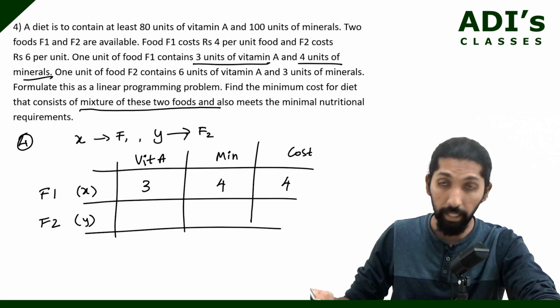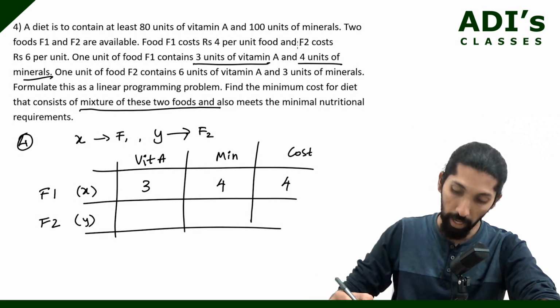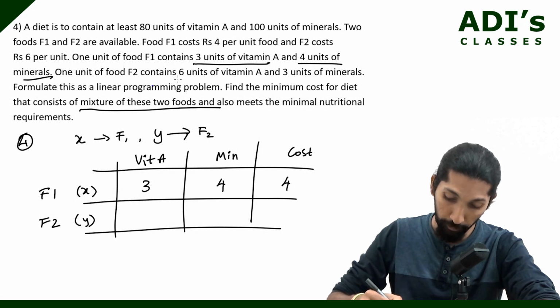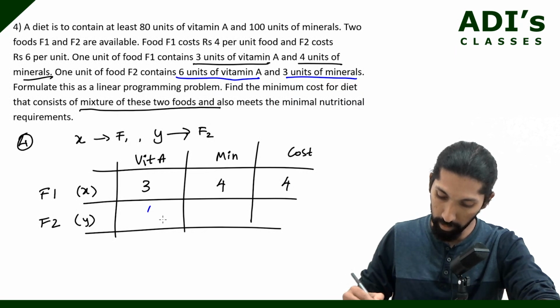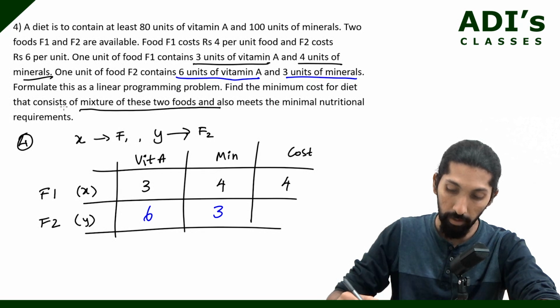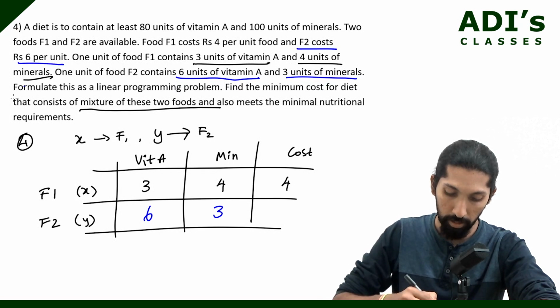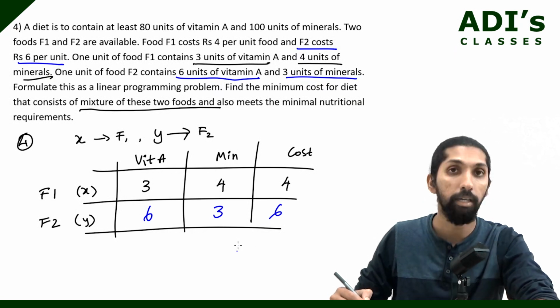Likewise, for the second one, F2, we have 6 units of vitamin A, 3 units of minerals. 6, 3. And F2 costs 6 rupees per unit, correct?